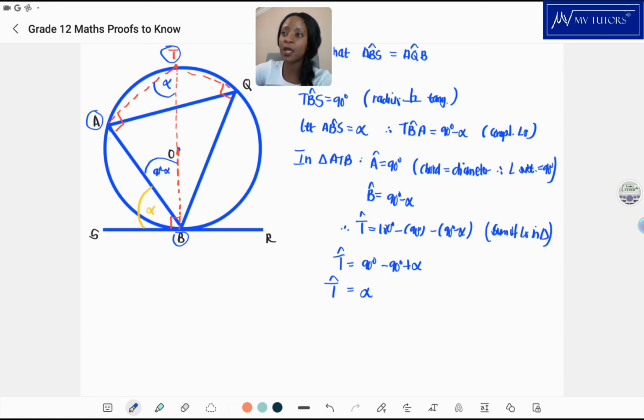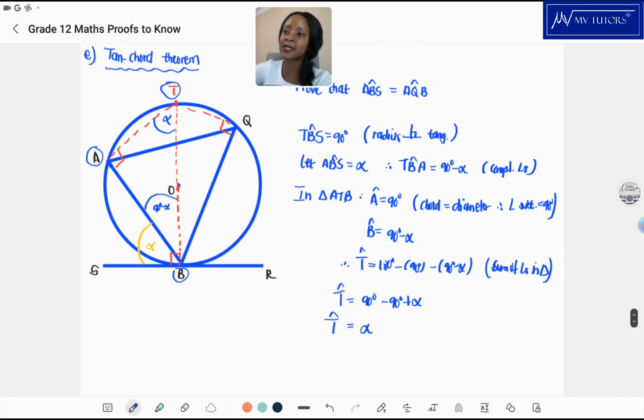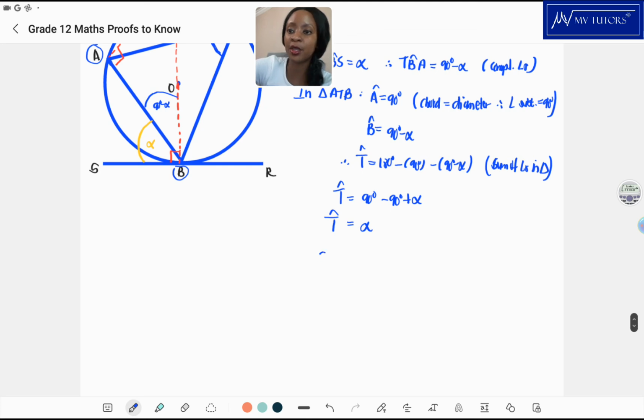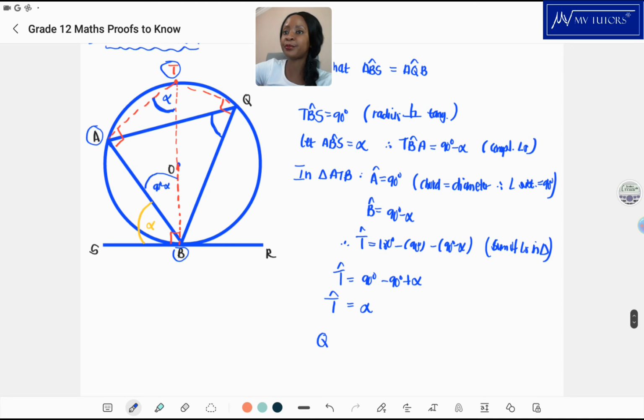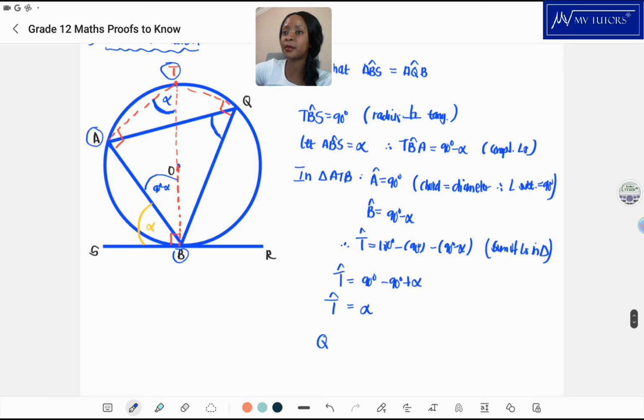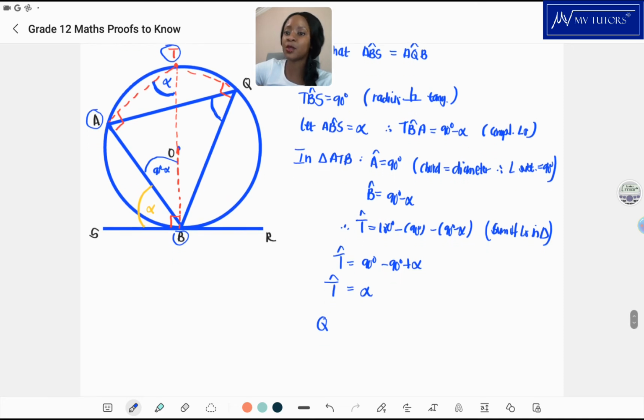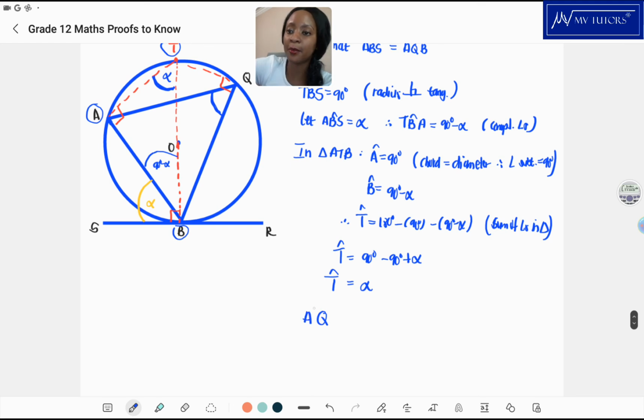So chord AB subtends both Q and T. So therefore I could say, let me say AQB is equal to T, which is equal to alpha, which is angles subtended by the same chord.